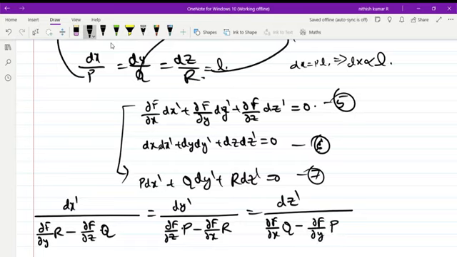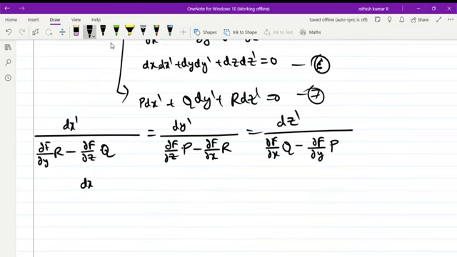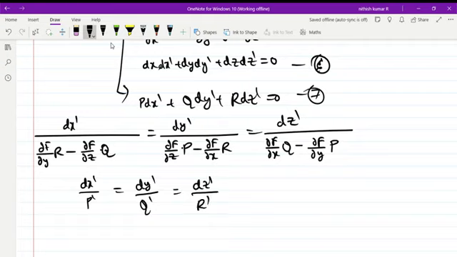Now let's rewrite it as dx dash by p dash, which is equal to dy dash by q dash, which is equal to dz dash by r dash, where p dash is this expression, q dash is this expression, and r dash is this expression. Okay, let's name it as 8.